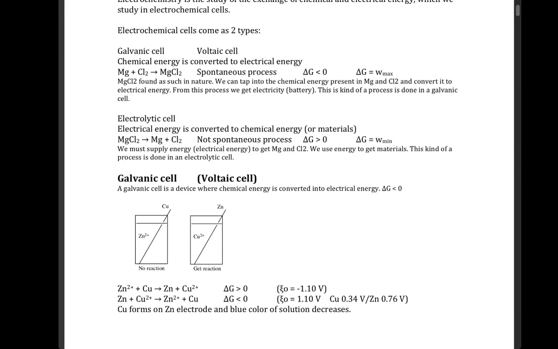So in a galvanic cell, as we talked about before, chemical energy is converted to electrical energy. It's a spontaneous process. Delta G is less than 0.